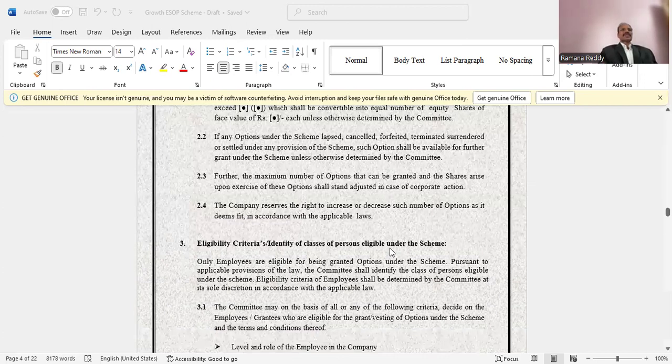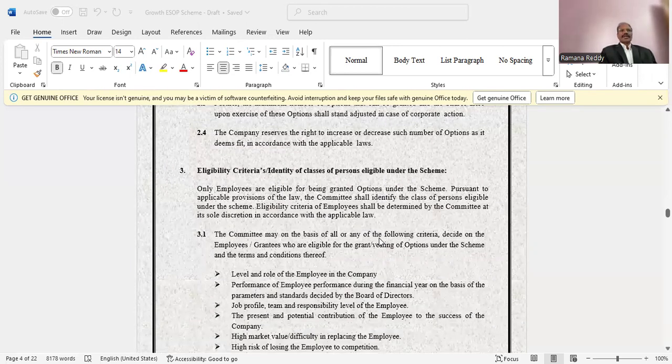So even if there is a rights issue or any corporate actions, bonus issue, accordingly the committee will adjust. The company reserves the right to increase or decrease such number of options as it deems fit in accordance with the applicable law. Next, the important topic we will discuss is eligibility criteria.